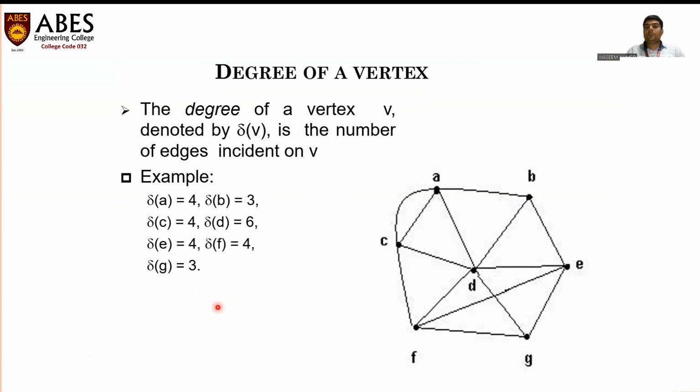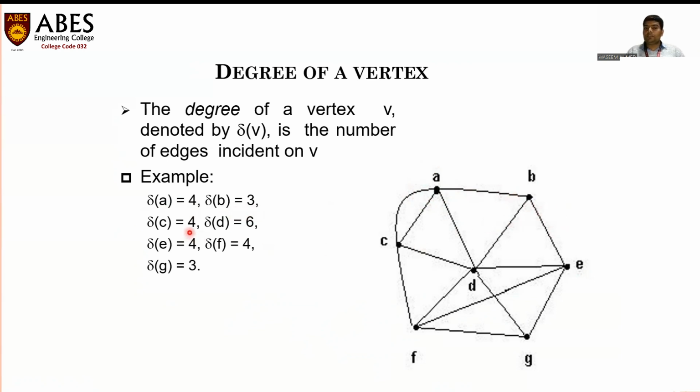Next topic is about the degree of a vertex. The degree of a vertex V, denoted by lambda of V, basically tells how many edges are incident on a particular vertex. For example, in this graph, the degree of vertex A is 4 because there are 4 edges incident on the particular vertex A. Similarly, the degree of B is 3 because there are 3 edges incident on it.